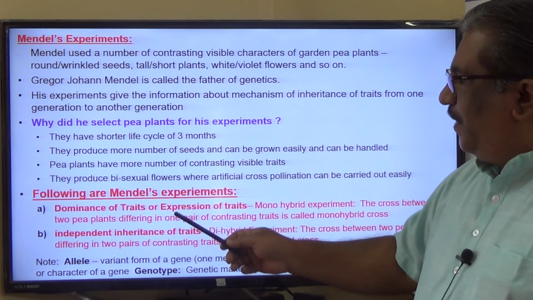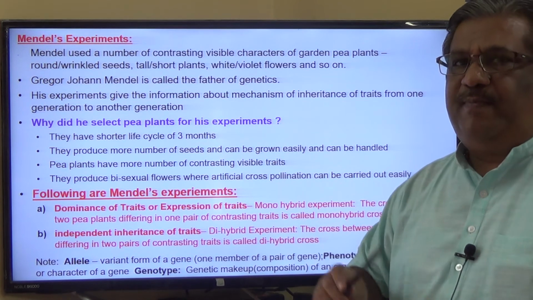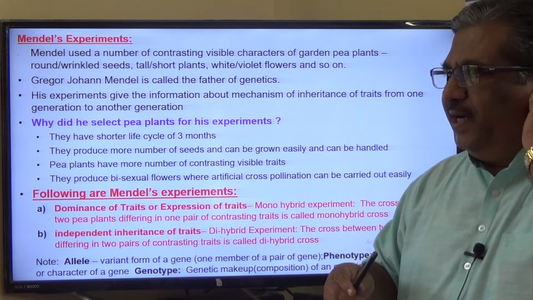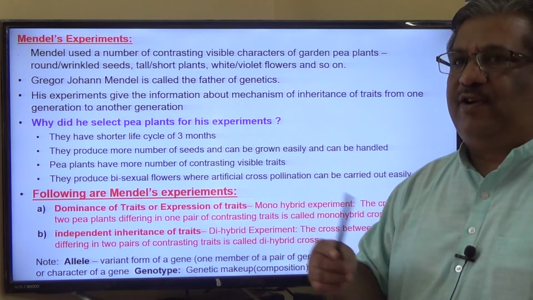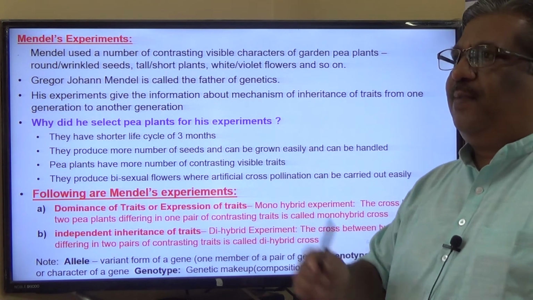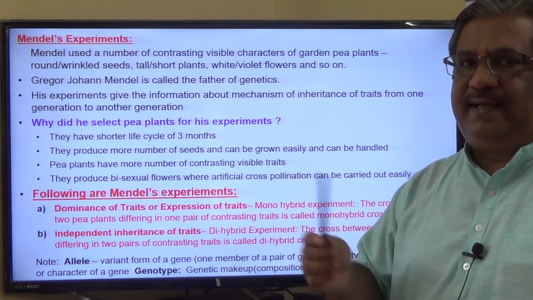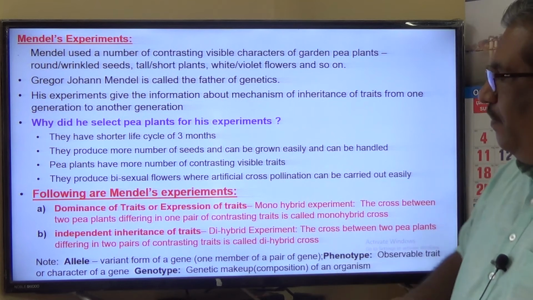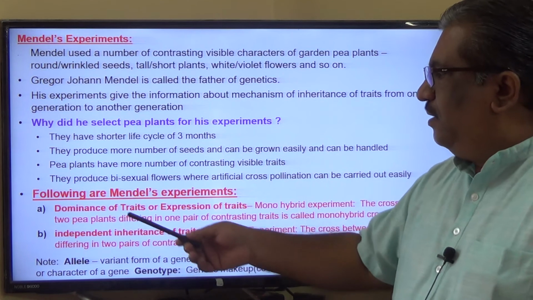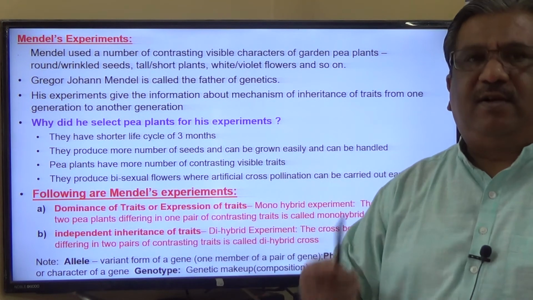What is the meaning of expression of traits? If a particular trait is expressed or dominated, we say that trait is dominant if that is a predominant visible character. For example, shortness and tallness are the characters. If we observe tallness in most of the plants, then we say the dominant trait is tallness.